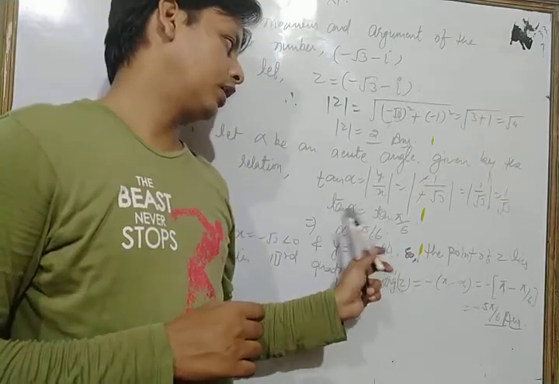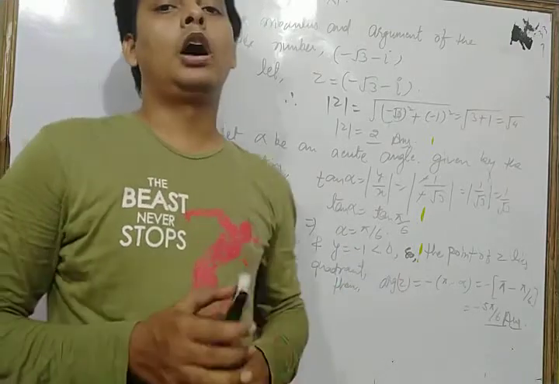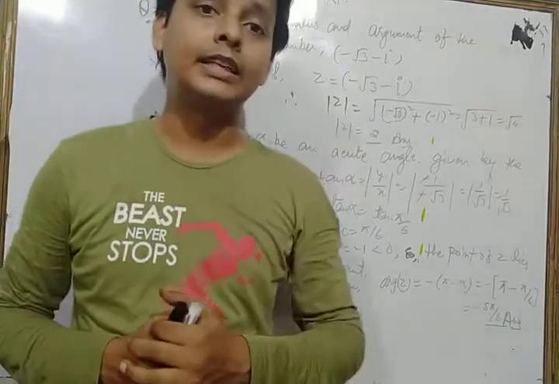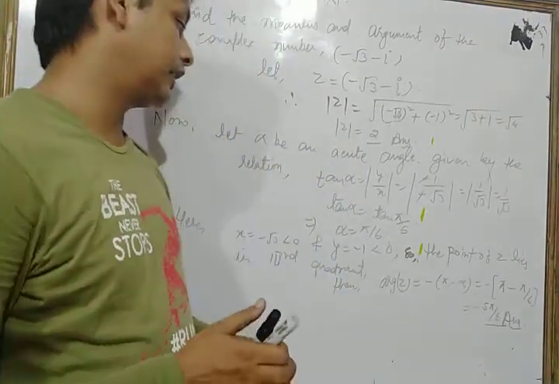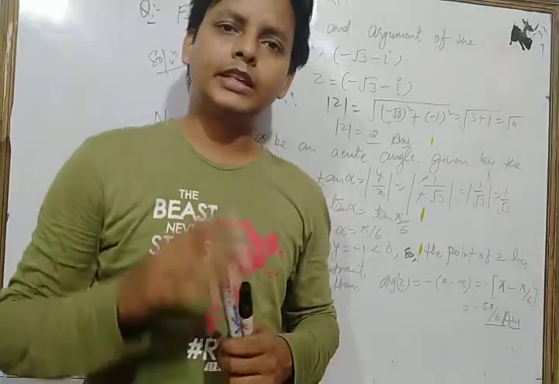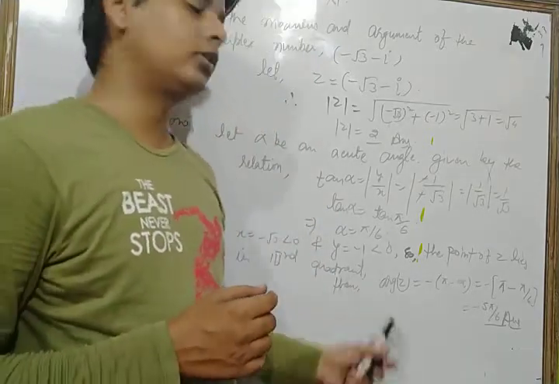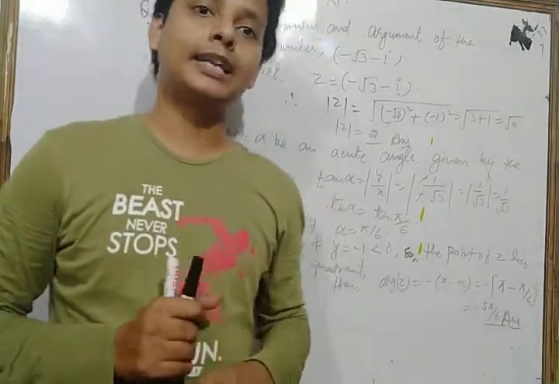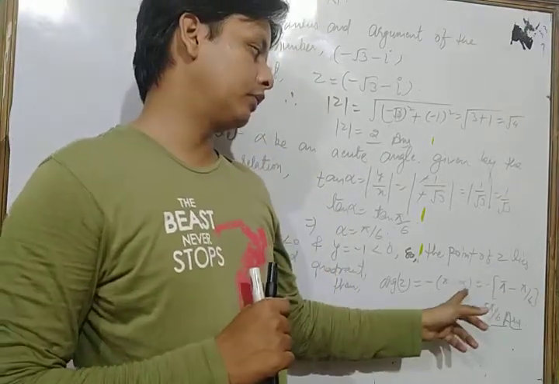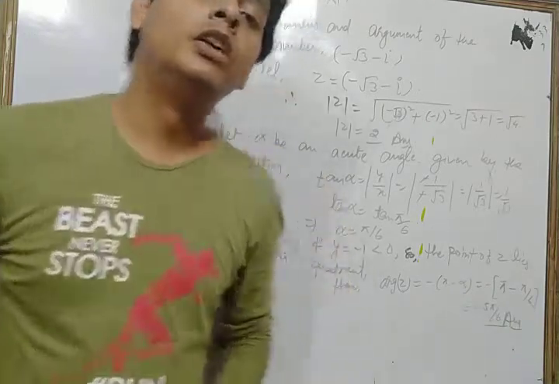So alpha is equal to pi by 6. After that we observe that the point lies in the third quadrant in the Argand plane. So the argument of the given complex number will be minus (pi minus alpha), that is minus 5 pi by 6.